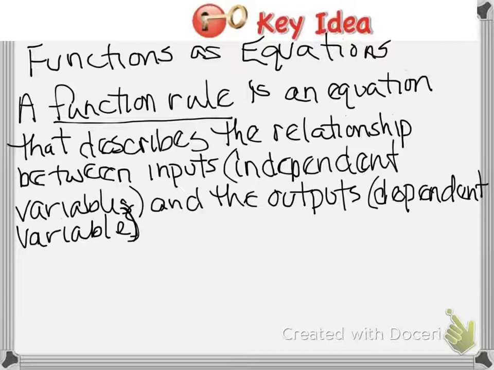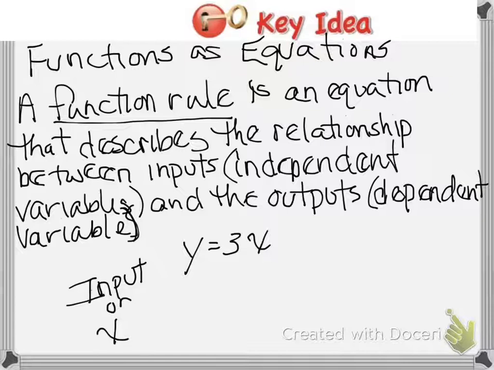Okay, so what does this mean as an equation? Well, we're used to seeing an equation, maybe y equals 3x. So if I have an input or an x variable equaling -2, I'm going to put that in my x.